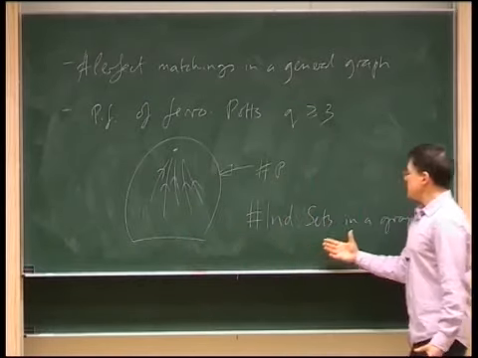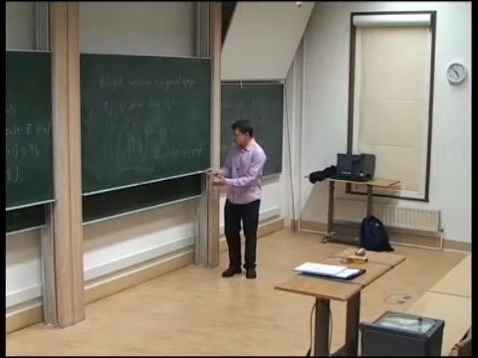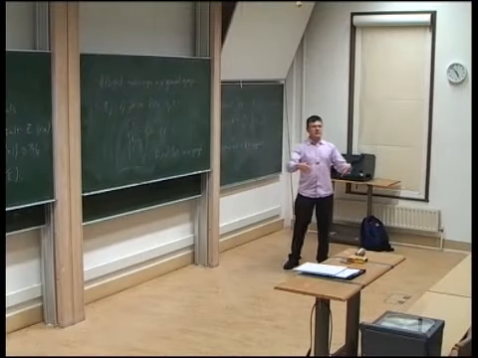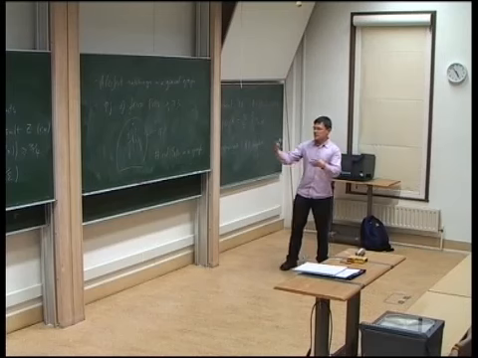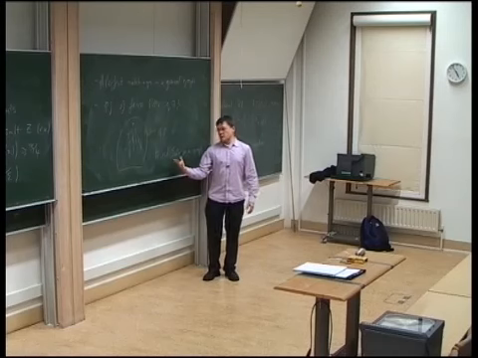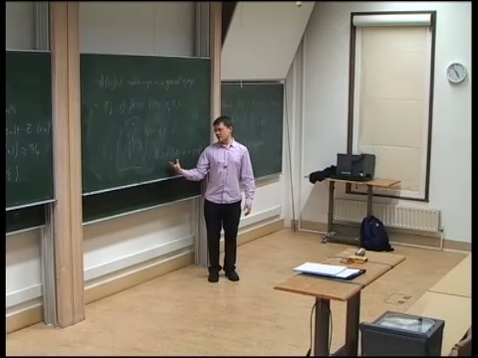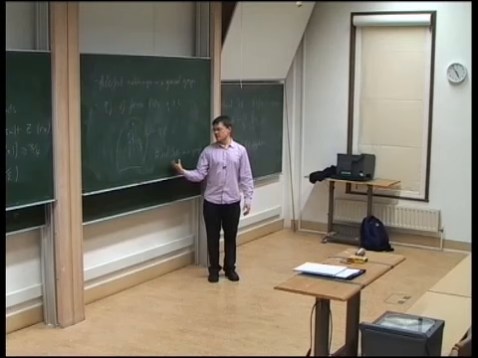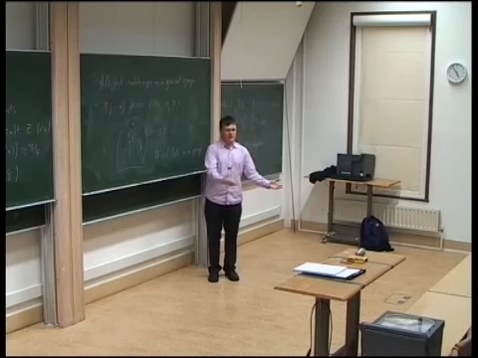So given an instance of an NP complete problem, it's quite easy to construct a graph such that an approximation to the number of independent sets in the graph will tell you whether the formula is satisfiable or not, whether the graph has a Hamilton cycle or not.